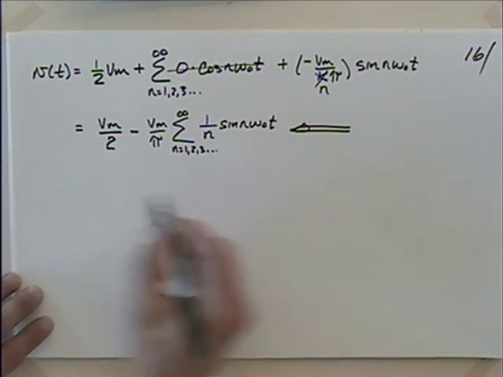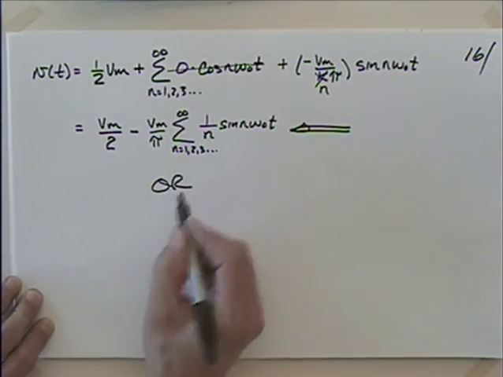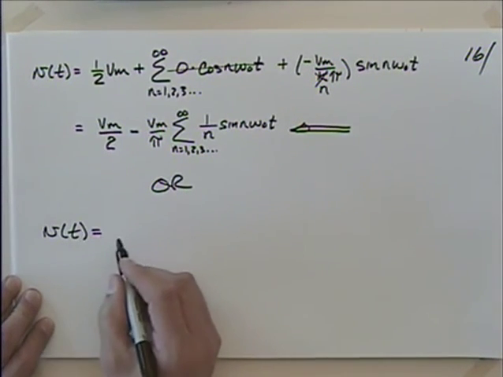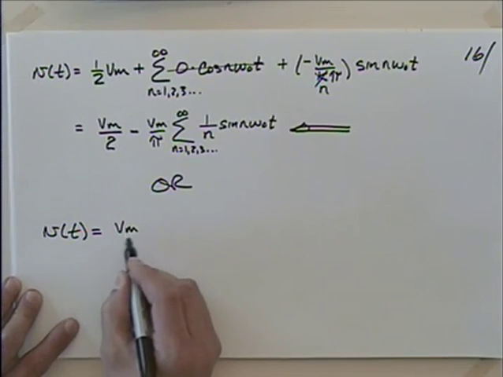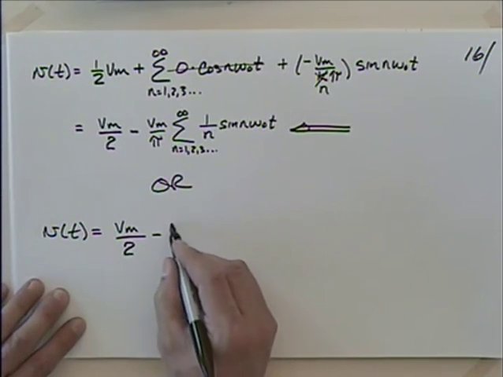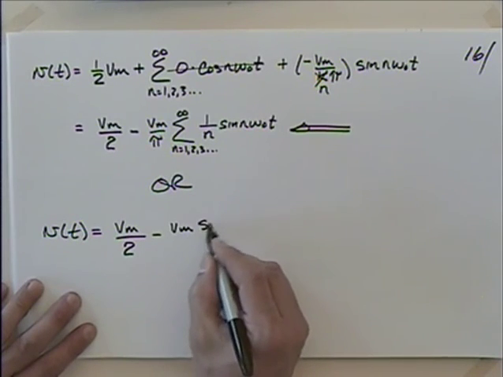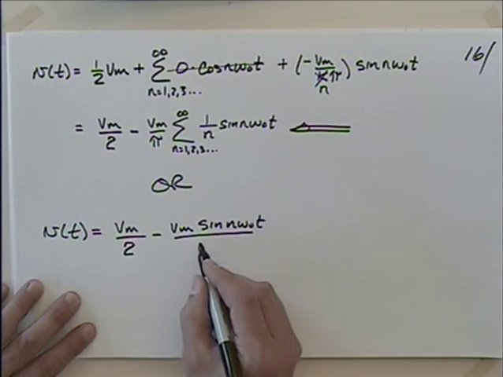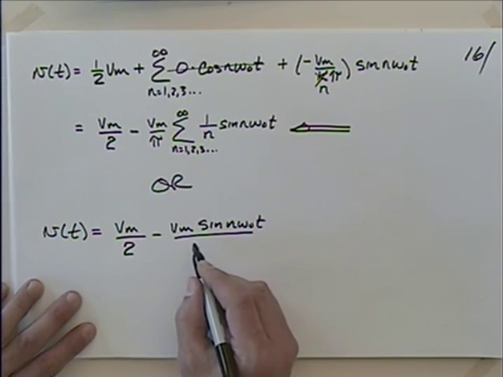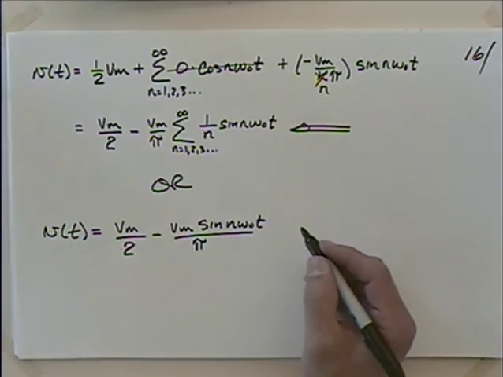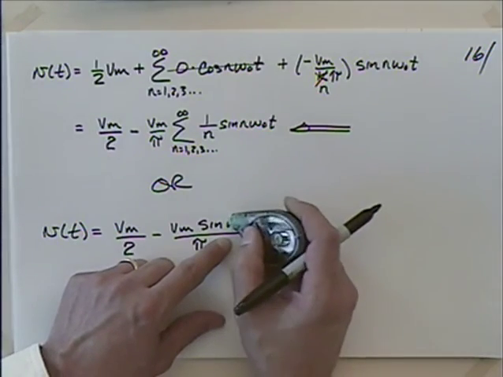So that's one way to write it, and perfectly fine. If you wanted to start looking at the terms, you could show this as Vm over 2 minus, what would we have? Vm times the sine of n omega naught t divided by n pi, n being 1, so I'd have pi. I guess if n is 1, I can just take this out.